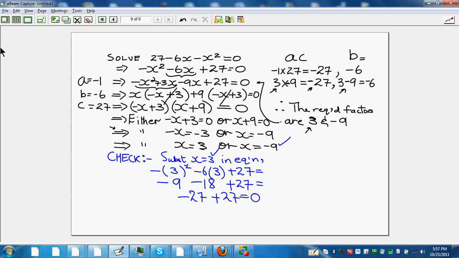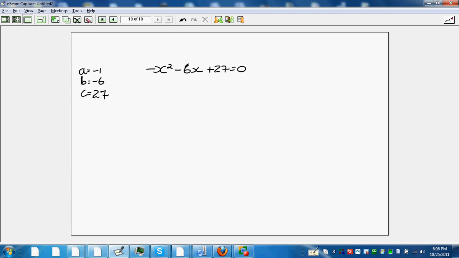Okay, so the second method we'll be using to solve the equation is the quadratic formula. And in the quadratic formula, we say x is equal to minus b plus or minus the square root of b squared minus 4ac all over 2a.